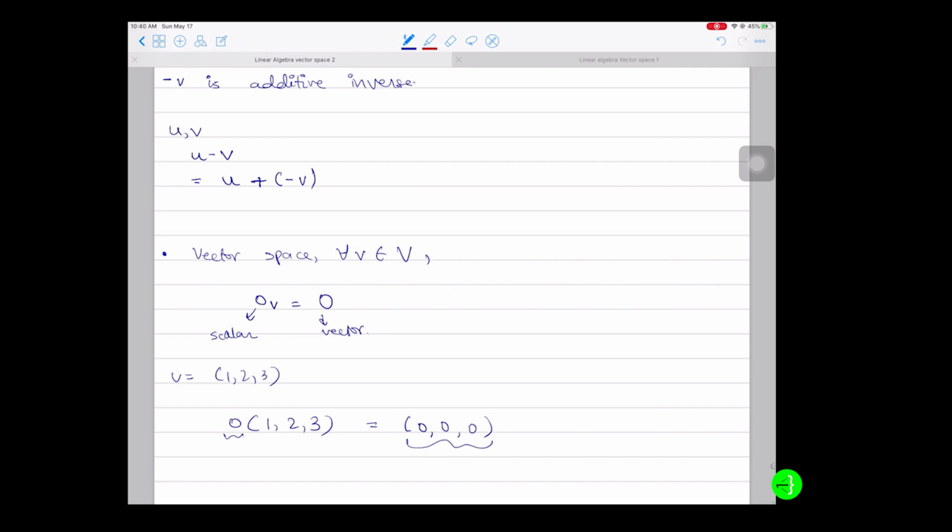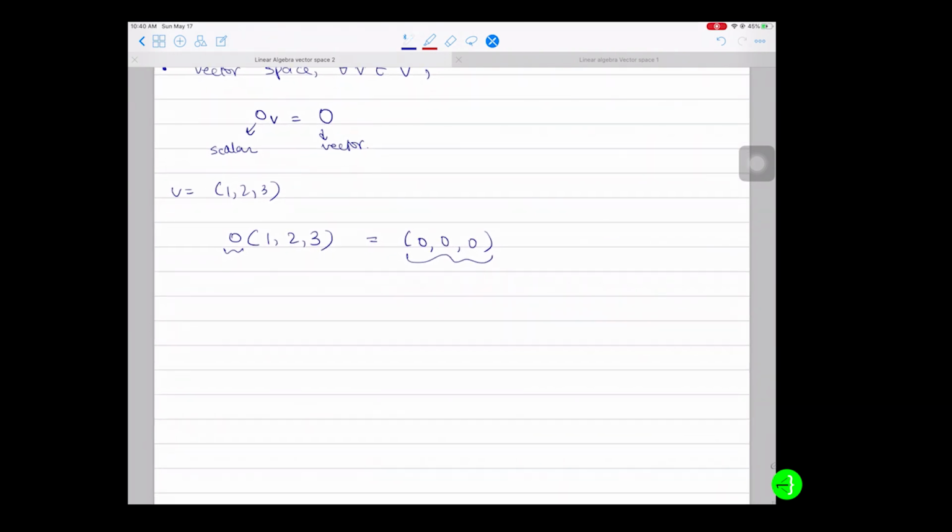It is really important to distinguish the scalar and the vector 0, and it would be evident from the way it is written. So here a scalar 0 times any element of the vector space is 0, and there is one more thing: there exists a 0 in the vector space such that a number A times 0 is 0 for all A in F. Here both the zeros refer to the vector 0.